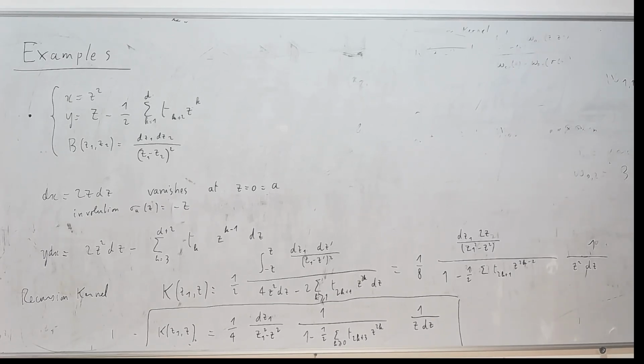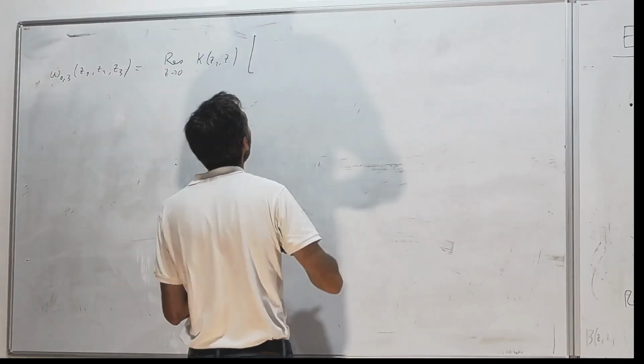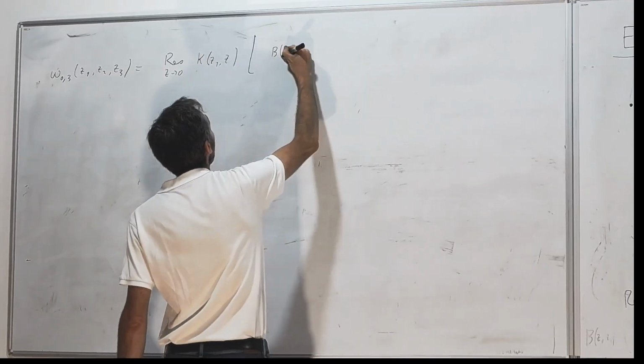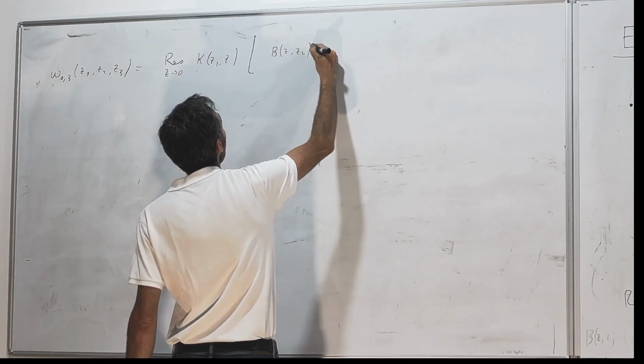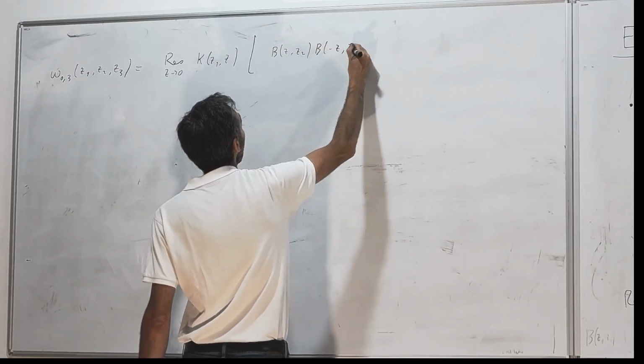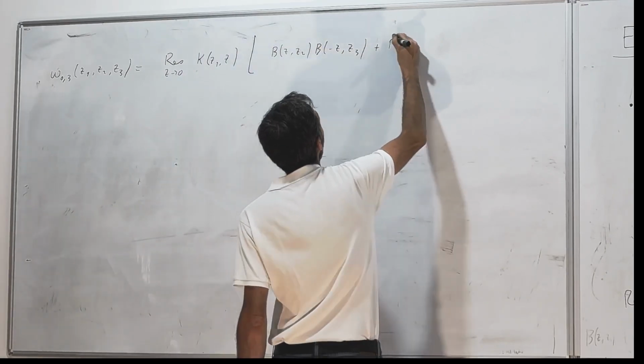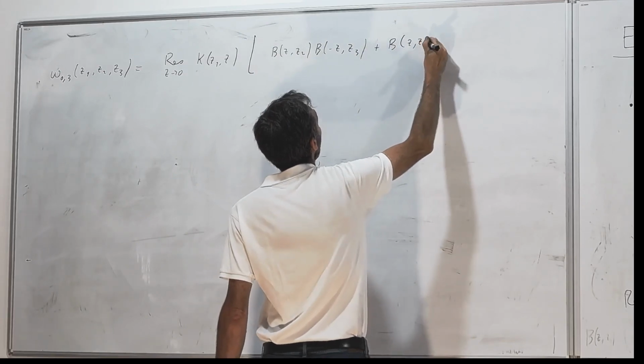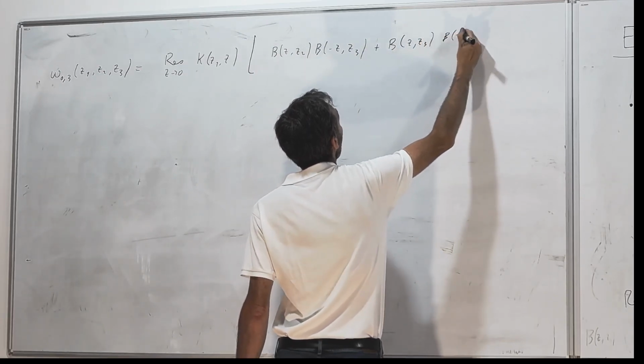Let me start by computing omega 0,3 of z1, z2, z3. So the recursion formula says that it is the residue at z goes to 0 of K(z1, z), and here inside the bracket, we have B(z, z2) B(-z, z3) plus B(z, z3) B(-z, z2).